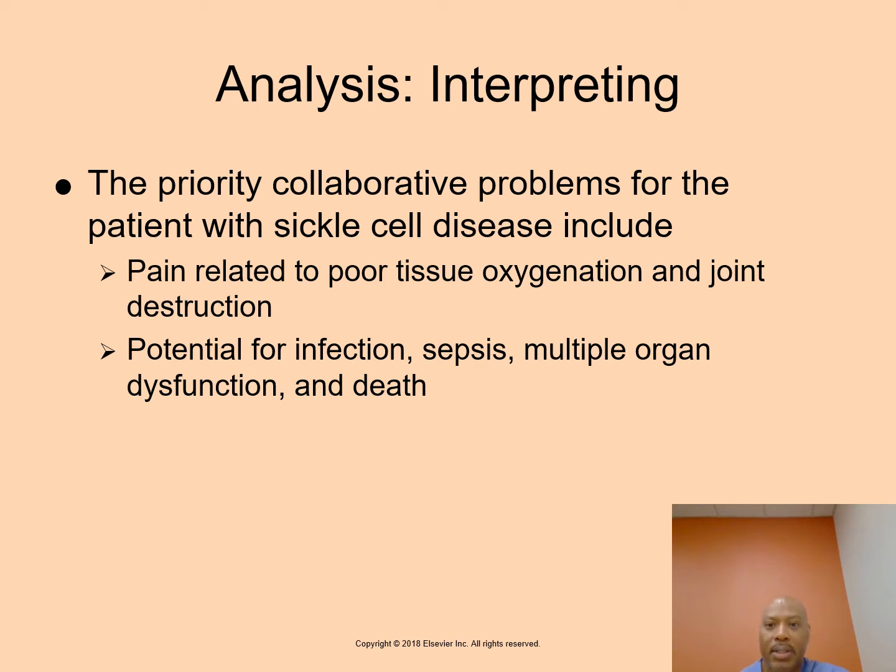As far as lab assessment, diagnosis is based on the percentage of hemoglobin S on electrophoresis. Also, the number of red blood cells with permanent sickling is another indicator.